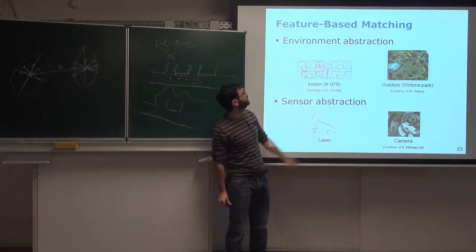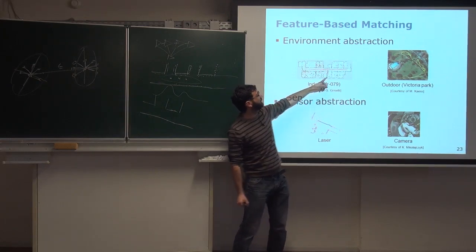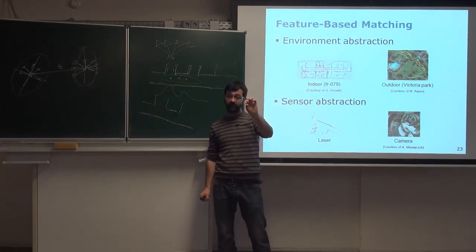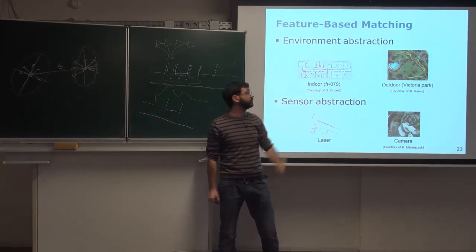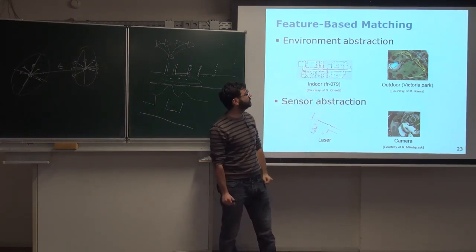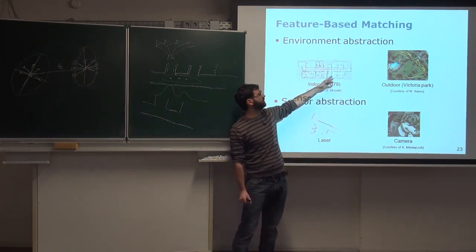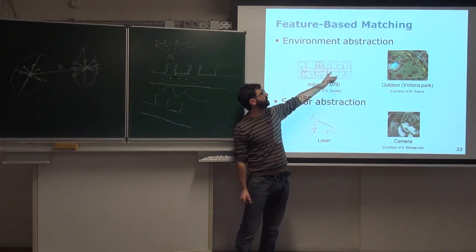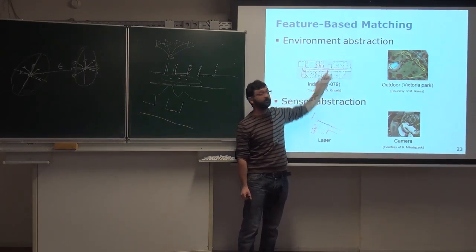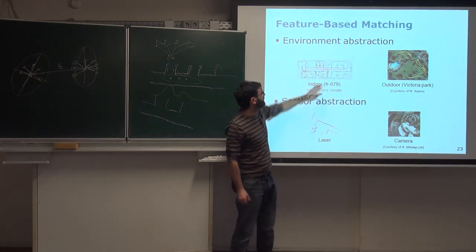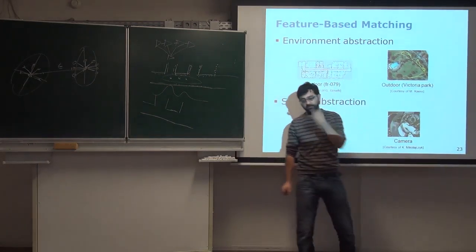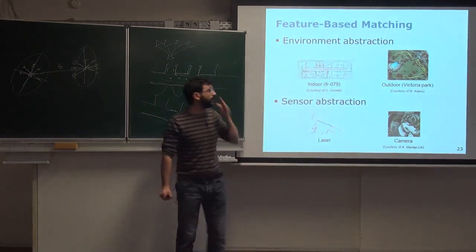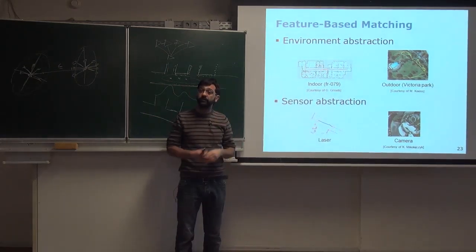By feature-based, we mean that features are point-wise elements in the sensor data, so we just treat them as a point, and they have an associated descriptor. We can do environmental abstraction: in a very dense indoor environment, features might be the corners or some gaps or isolated pillars and so on. Or outdoors, features might be tree trunks or poles or pillars.